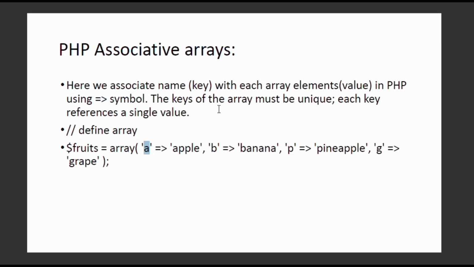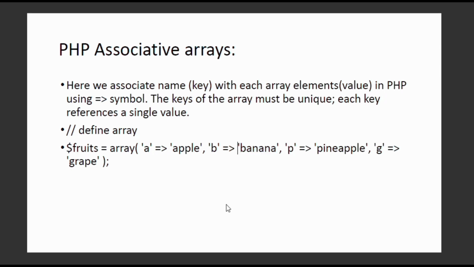The keys of the array must be unique. Each key references a single value. Here you can see A is a key and it holds the value apple, and here you can see B is a key and it contains the element banana.